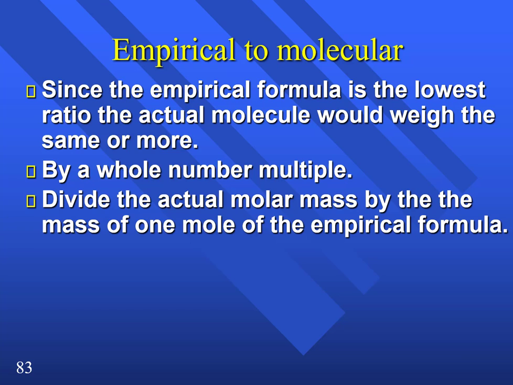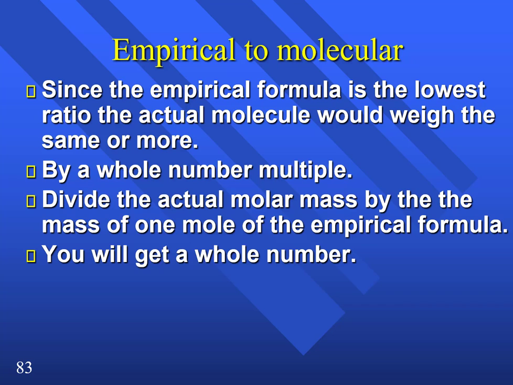So if you take the actual molar mass, how heavy the real molecule is, divide it by how heavy the empirical formula would be, you will get a whole number. That will tell you how many times heavier it is. Why is it that many times heavier? Because you've got that many times of everything.